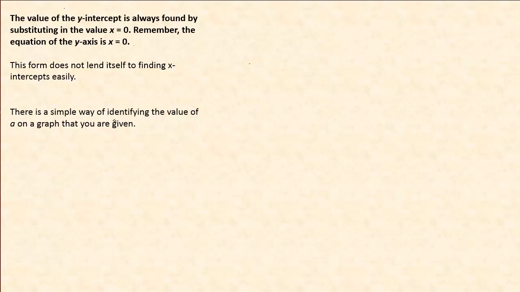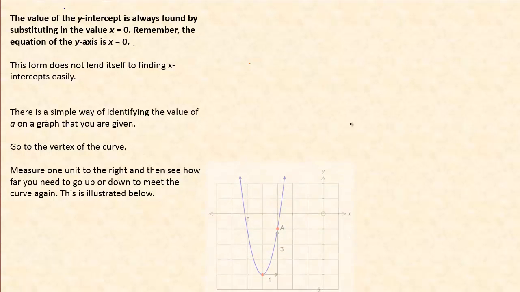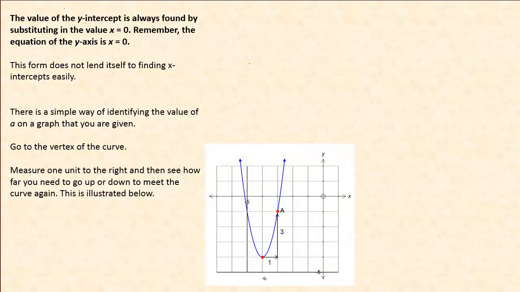There is a simple way of identifying the value of a on a graph that you are given. We go to the vertex of the curve, measure 1 unit to the right, and then see how far you need to go up or down to meet the curve again. This is illustrated below. So here we have a quadratic graph, and we can see the vertex is here. So I've gone to the vertex, and I've measured 1 unit to the right.